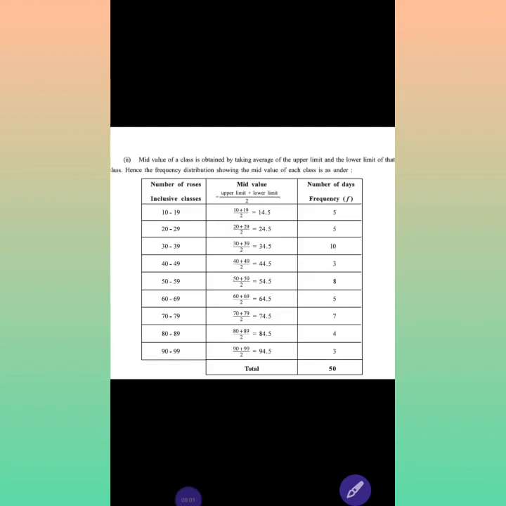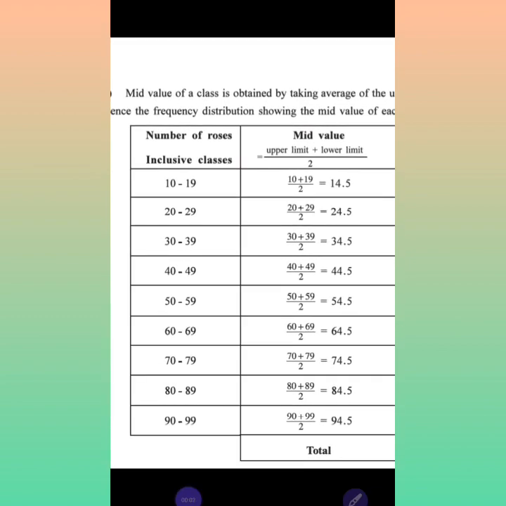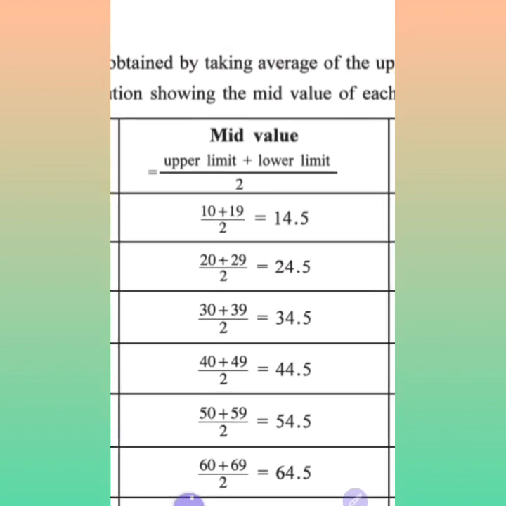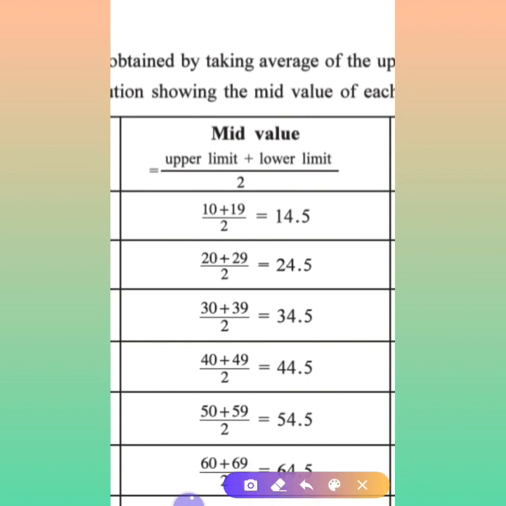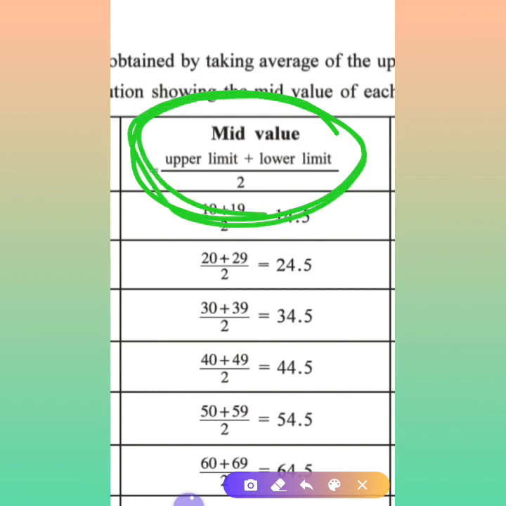In this sum, they have also told us to find out the mid value. Now, how do we find out the mid value? Children, the formula to find the mid value is upper limit plus lower limit divided by 2 of the given class.